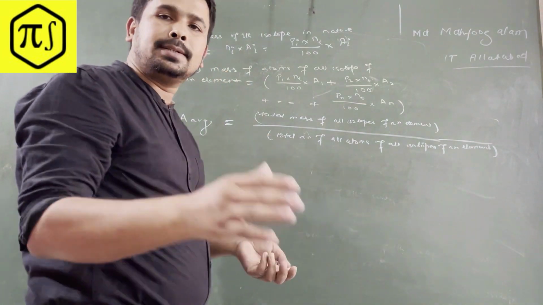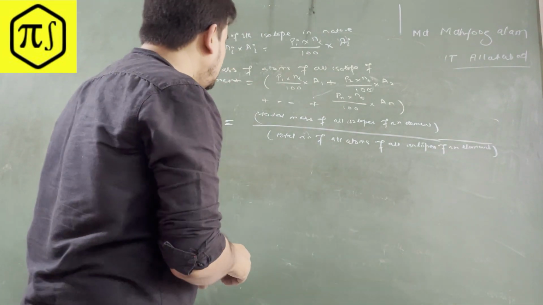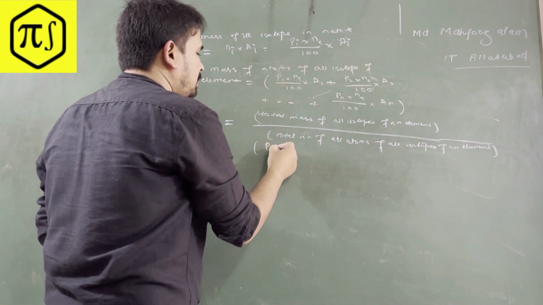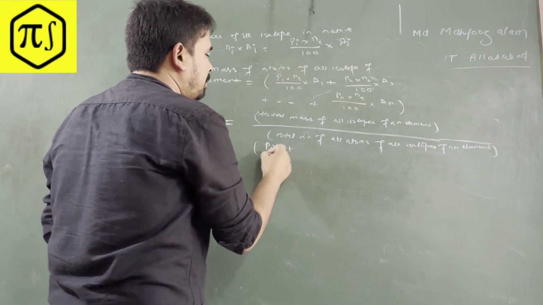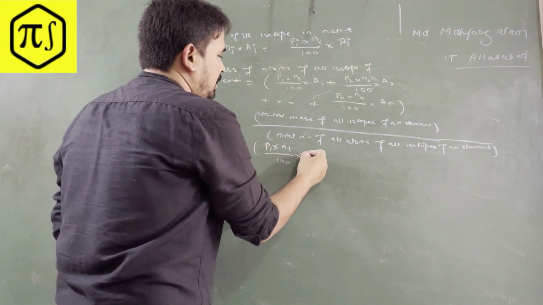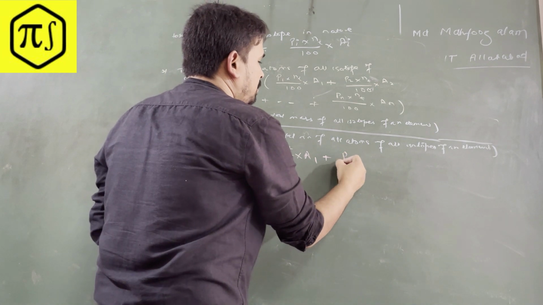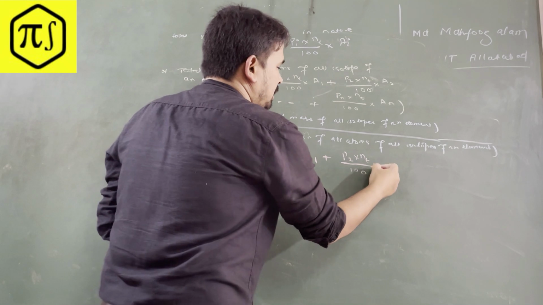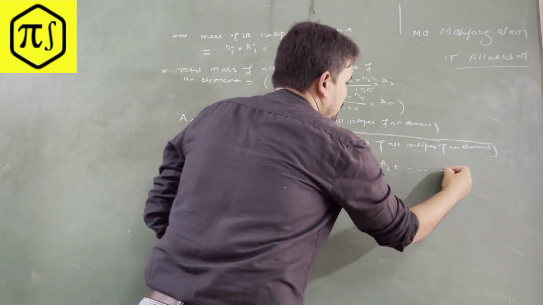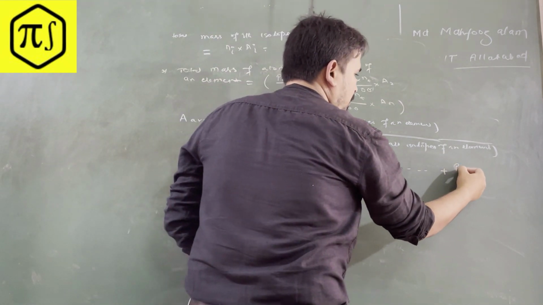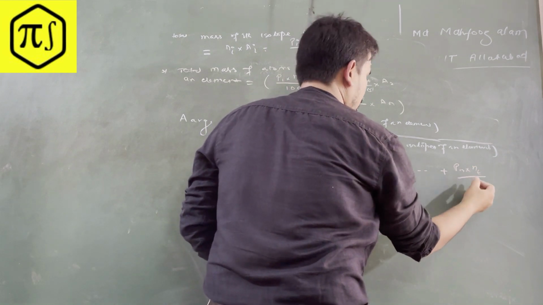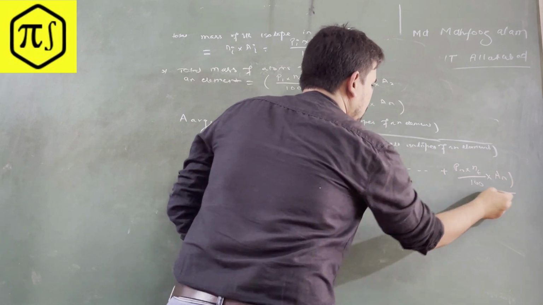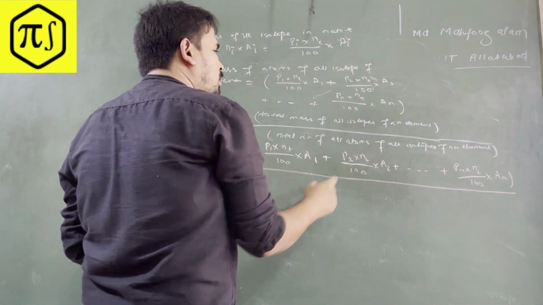So we'll write it down: P1 into Nt by 100 into A1, plus P2 into Nt by 100 into A2, plus so on, Pn into Nt divided by 100 into An, and divided by the total number of atoms of our element.